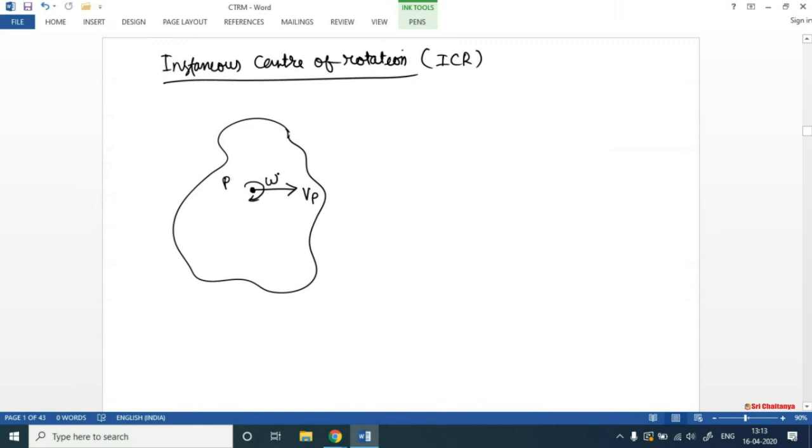In order to find the instantaneous center of rotation, we are going to draw a perpendicular line passing through point P. This angle you can see is 90 degrees.